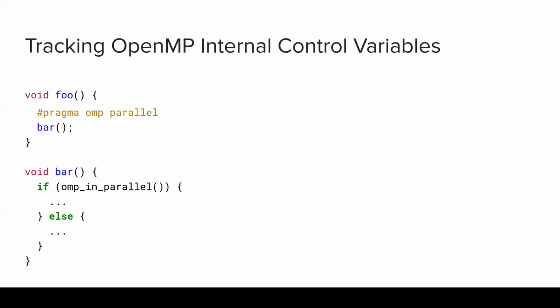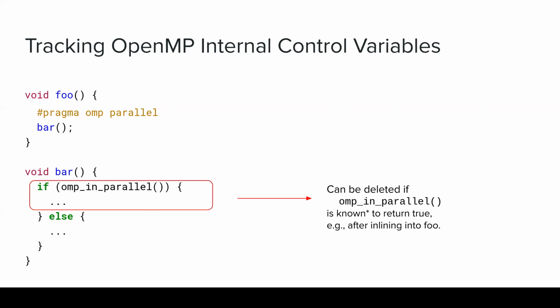Inside of bar, you check if you're in a parallel region. And what you can do after you inline bar into foo, all this code that is not in the red part here can be deleted because we already know that we're in a parallel region, right? So this is a little bit of a simplified view on this, but it gives you the idea.